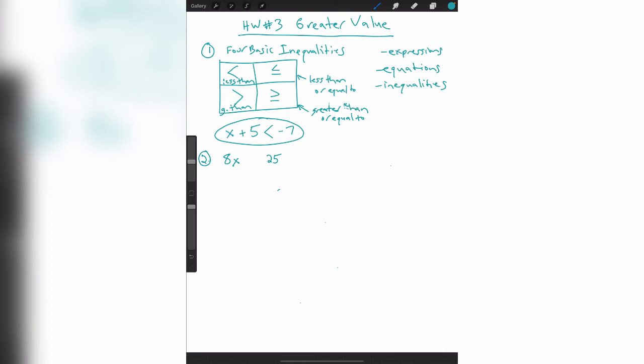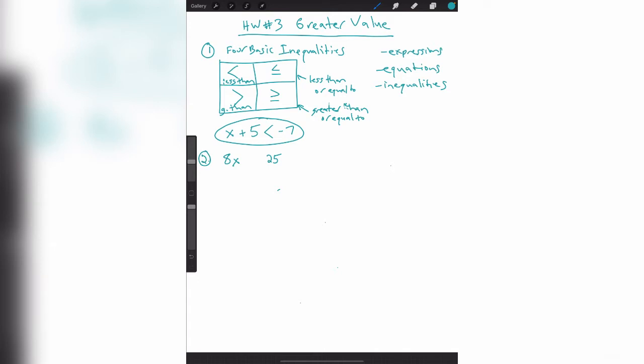And you think about it, well, if you're 25, could you rent a car? And the answer would be yes. So it would include 25. So you're not saying that it would be less than or greater than. You know that you could actually be that age, so you would use one of the equal to symbols as well.